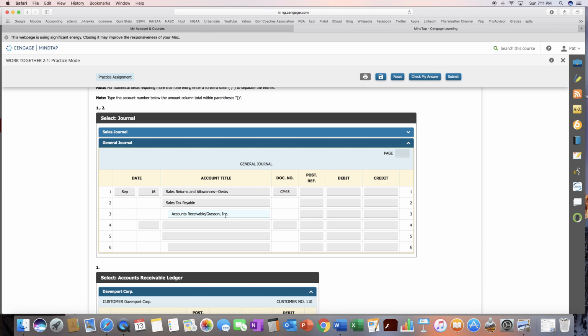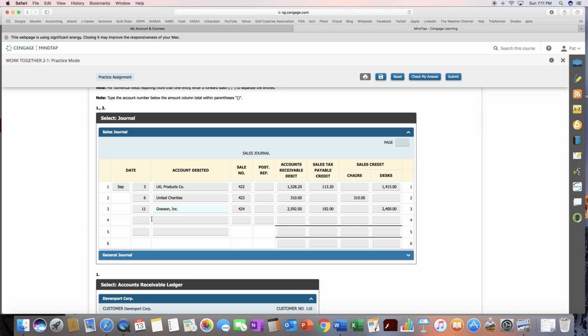We lower their bill because they're returning some items. What are they returning? An $800 desk, $64 in tax. For a grand total, we're taking off their bill of $864. Okay. How'd you get the tax? 8% of 800. Kind of how we're doing things.